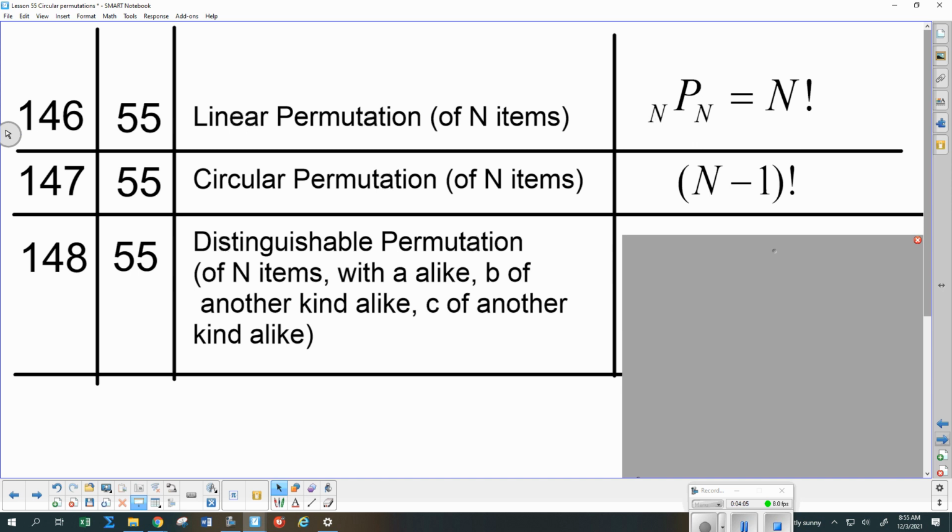But if you use all of them, you can simply do it with the factorial. But if it's a circle, you have to reduce that factorial by 1. Don't really worry about the last formula yet. We'll come back to this slide after we do an example with circular permutations, and then we start to talk about distinguishable permutations.